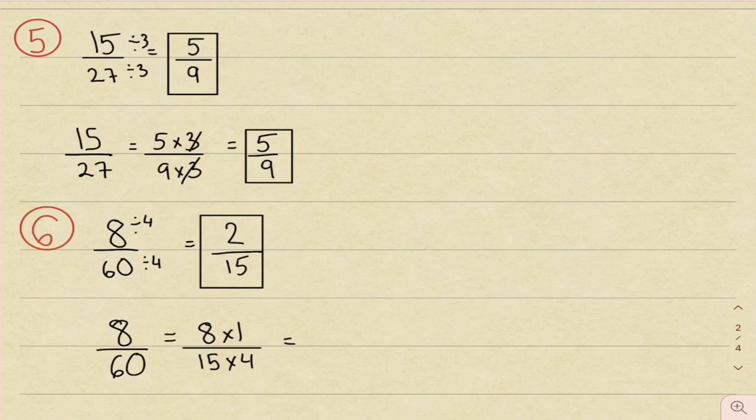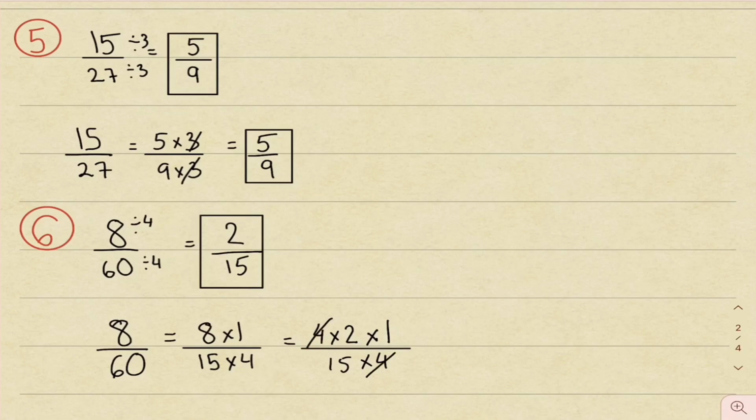So what you have to do is you have to simplify more. What are two numbers that when you multiply them give you 8? It's 4 times 2, right? So 4 times 2 is 8, and then I'm going to rewrite times 1. And then on the bottom, I have 15 times 4. Now, can you see that you have a 4 on top and 4 on the bottom, right?